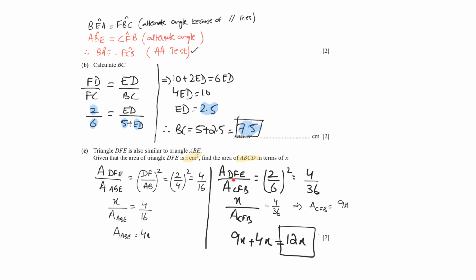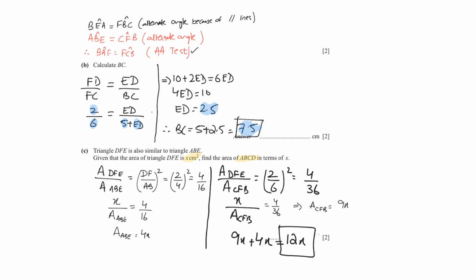Now, you find the ratio of area of DFE over area of CFB. The corresponding lengths would be DF and CF, or FE or FB. So, the corresponding lengths in the question are given to us as 2:6. So, squaring them will give you 4/36.